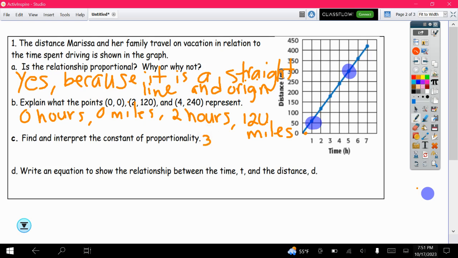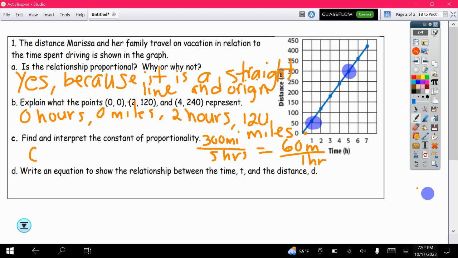If we have 300 miles in 5 hours, if I find the unit rate for that, I notice that the unit rate is going to be 60 miles over 1 hour.